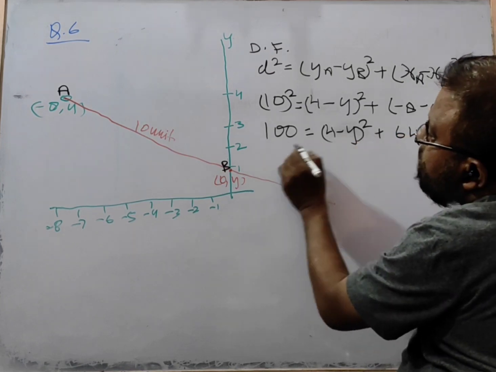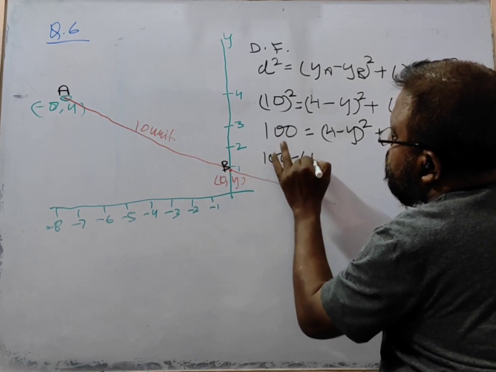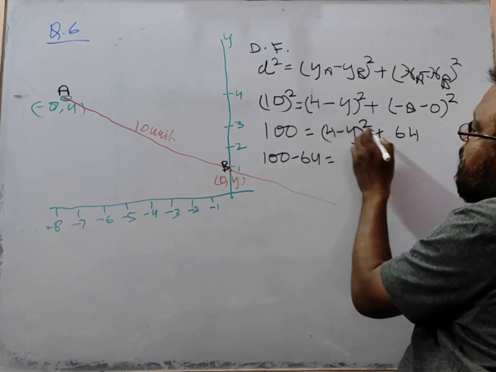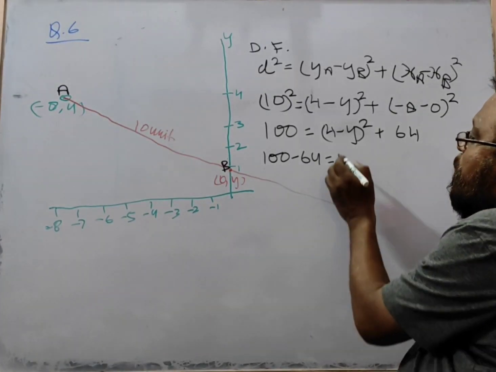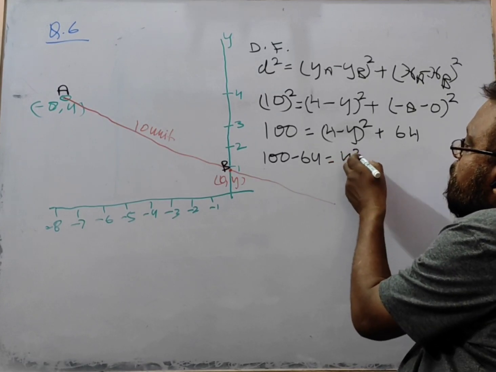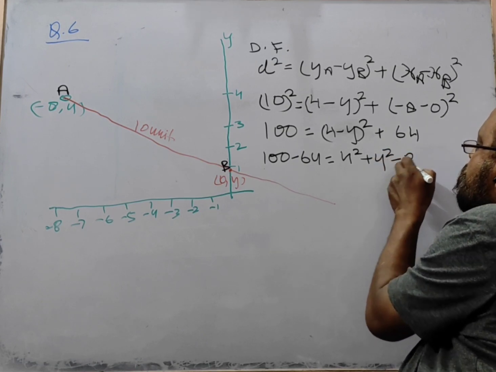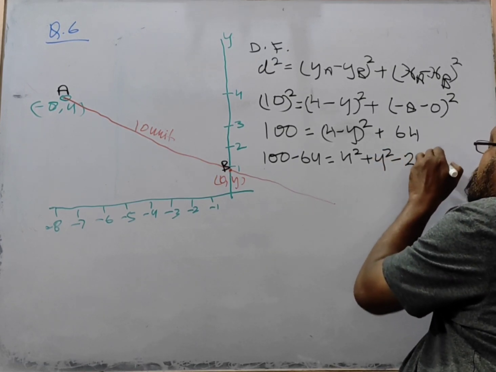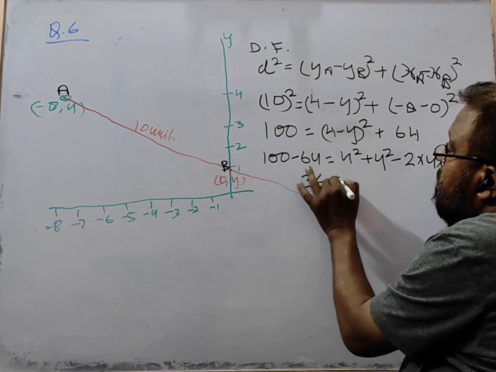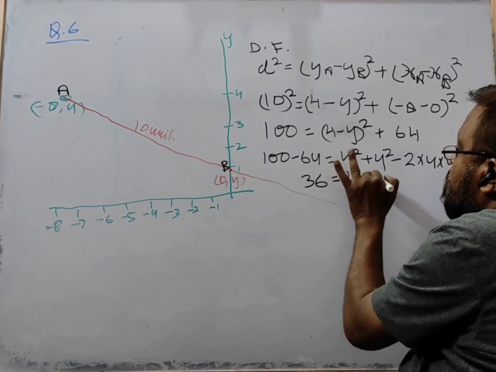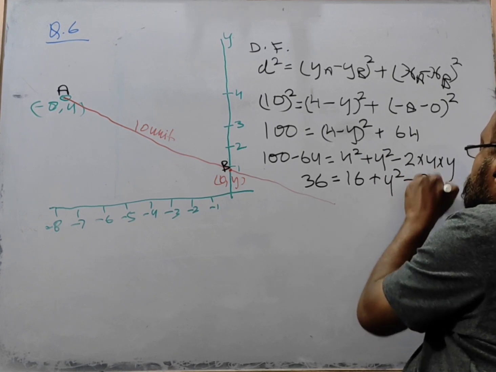This 64 goes to the other side, so it becomes 100 minus 64, and we expand using the formula (a minus b) whole square, so 4 square plus y square minus 2 into 4 into y. So that is 36 is equal to 16 plus y square minus 8y.